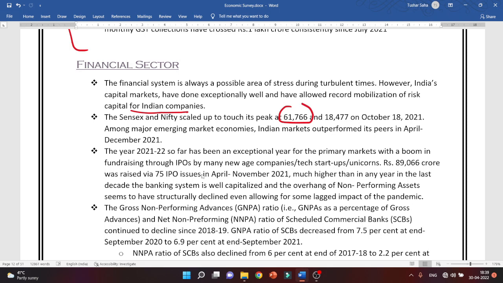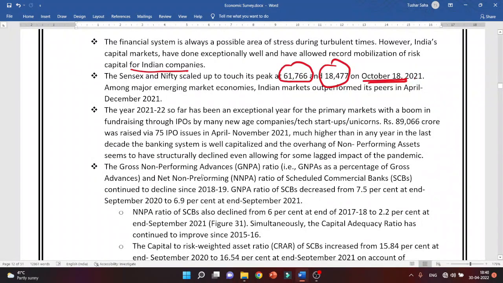You will have to know this data, right? On October 18, 2021. Among major emerging market economies, the Indian market outperformed its peers in April-December 2021.